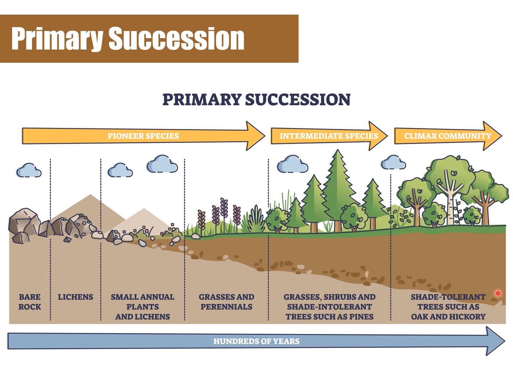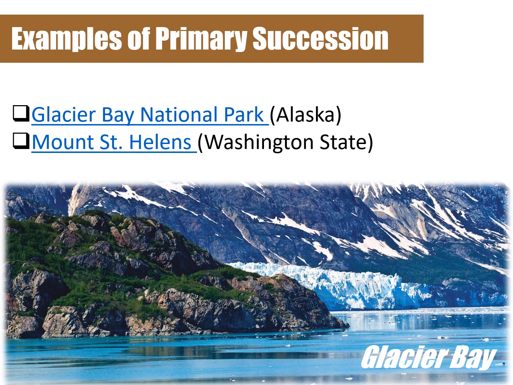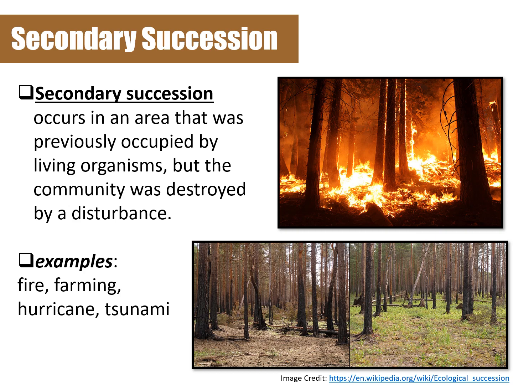This is going to be your mature community of trees that's going to stay now in equilibrium with your ecosystem. This is going to be what you expect your ecosystem to look like at the end of hundreds, if not thousands of years. And you can check out other examples of primary succession at these two links in both Alaska and Washington State in the US. Feel free to do that.